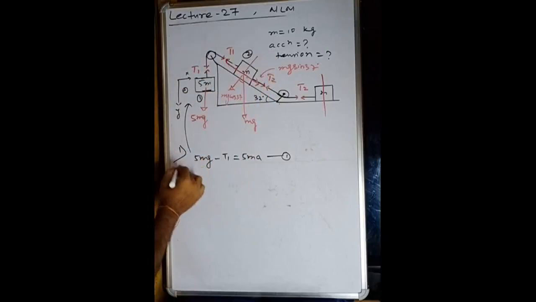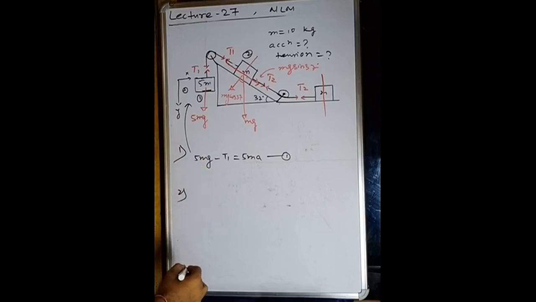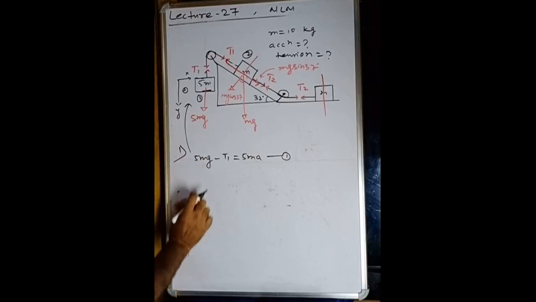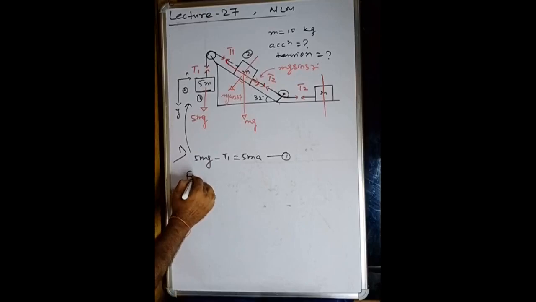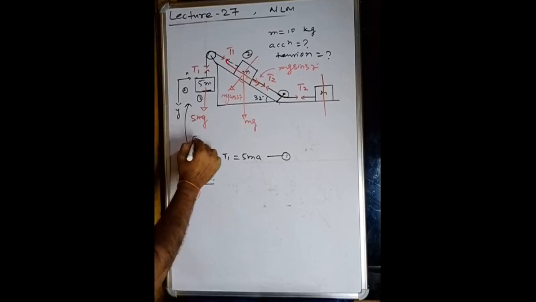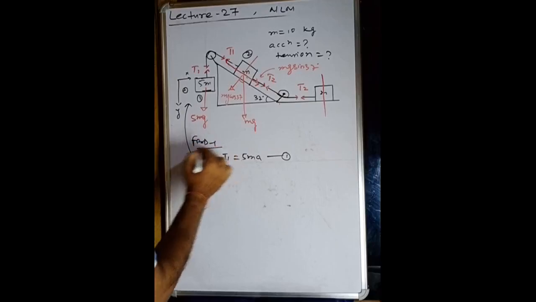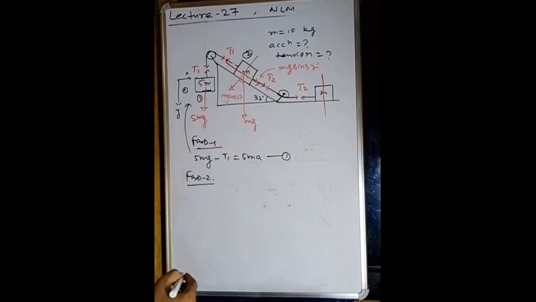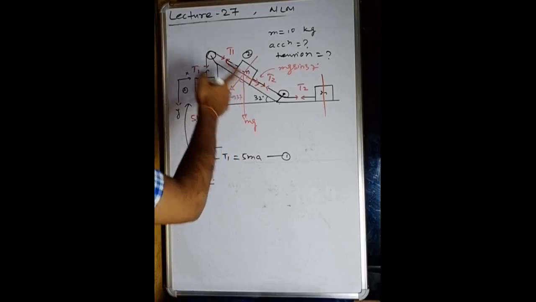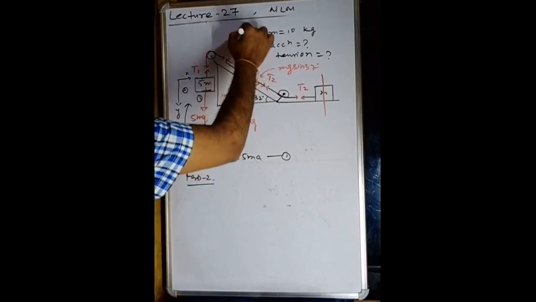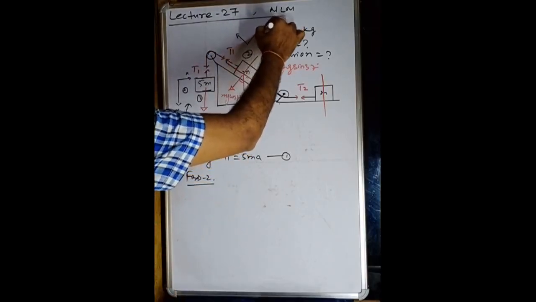So for the second free body diagram, FBD 2, this is FBD 1. In FBD 2, the system is moving in upward direction, so we take this as the positive axis.